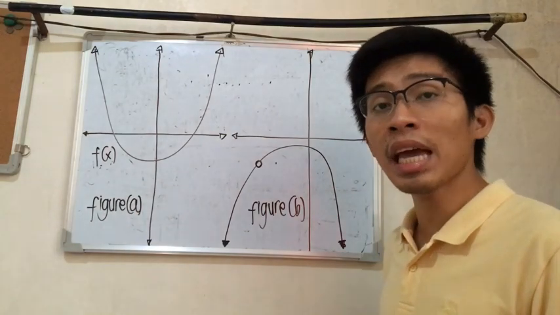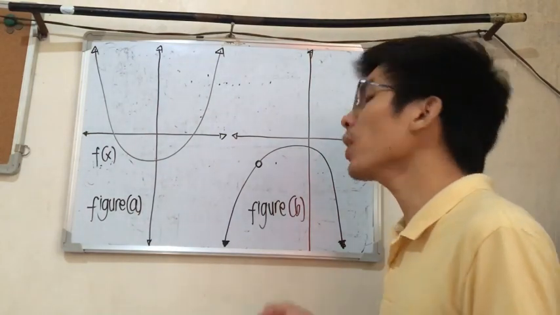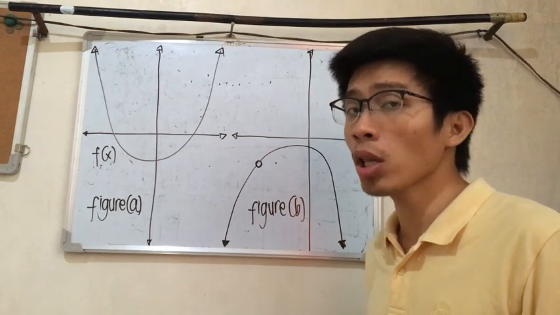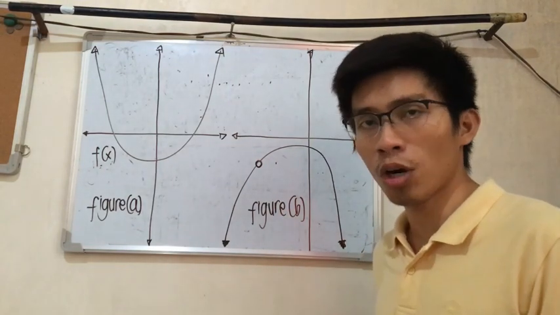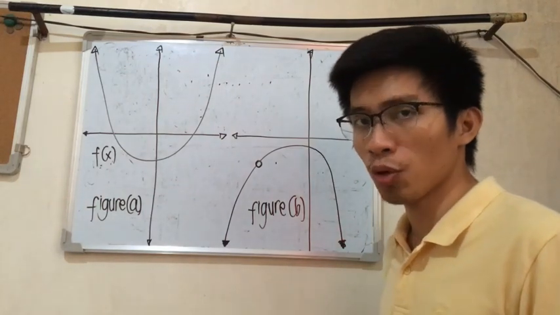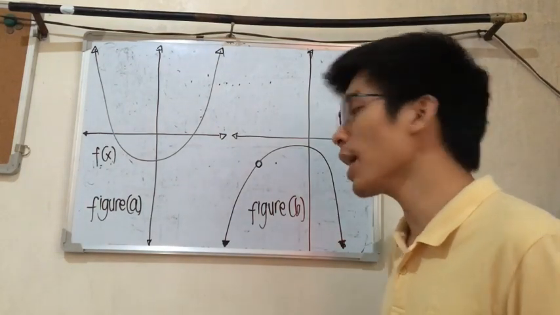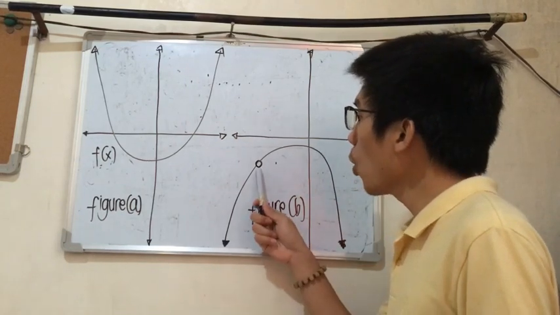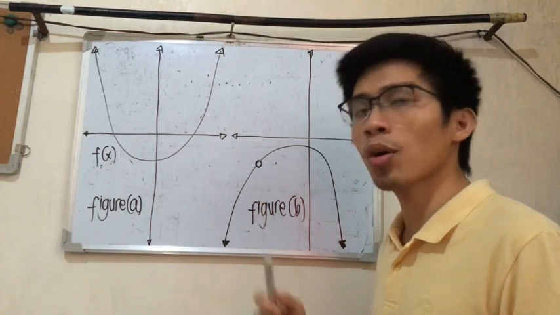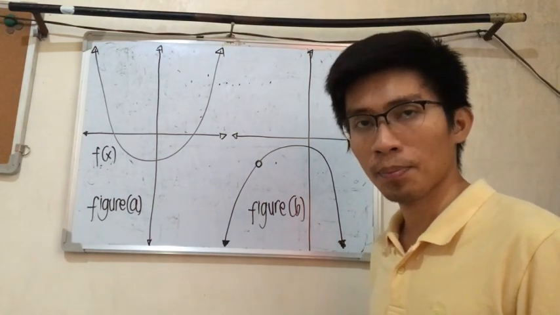Let's try to investigate figure B. For figure B, obviously, our function is a parabolic function opening downward. Question, is our function continuous? Let's try to investigate. As you can observe, we have a small circle at this point. This is what you call a hole.